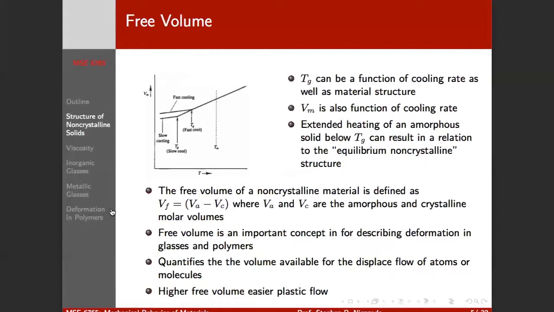Do we think that amorphous materials or crystals are going to exhibit a stronger temperature dependence of plastic properties? It's going to be glasses. We have a much stronger temperature dependence over a smaller range than we do for crystals.